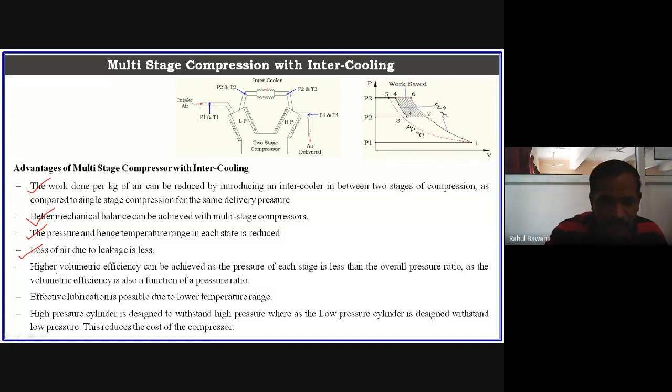Higher volumetric efficiency, definitely, because we are providing an intercooler. This is very basic and repeatedly asked in your oral exam: why do we provide an intercooler?